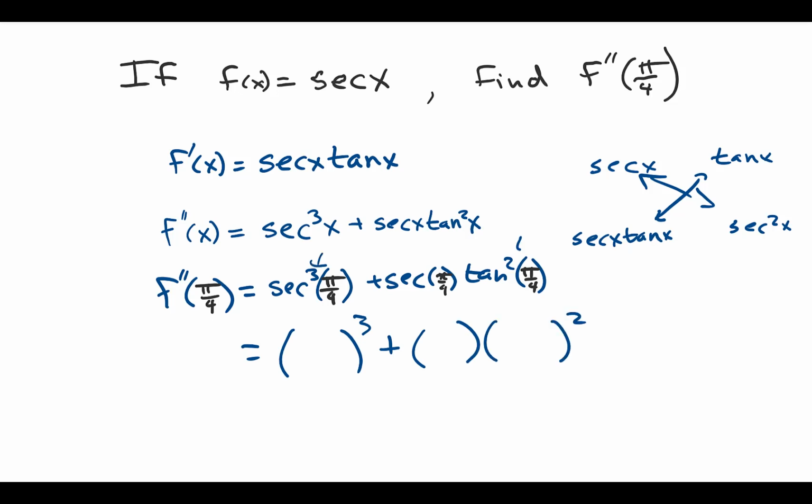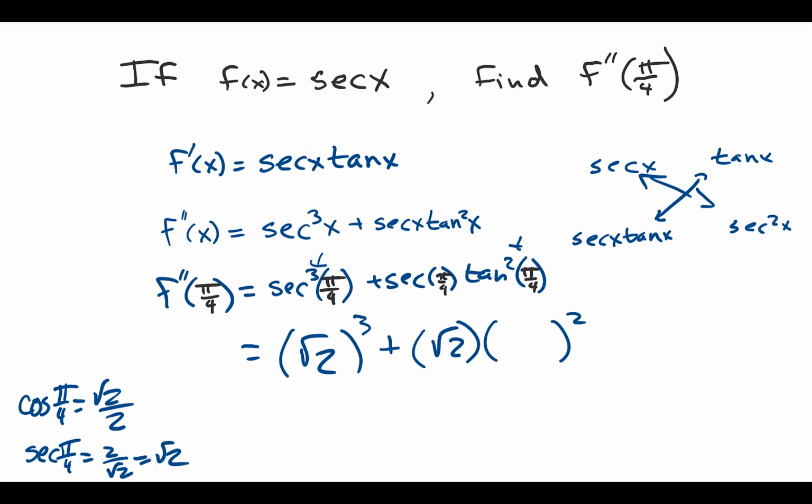Those little cubes and squares, they take the whole thing and square it. So secant of pi over 4, I know cosine of pi over 4 is equal to root 2 over 2. Hence I know that secant of pi over 4 must be equal to 2 over root 2, which actually reduces down to just root 2. I'll let you figure out why. Secant of pi over 4 will still be equal to root 2, and tangent of pi over 4, that's where sine and cosine equal each other, so that must be equal to 1.